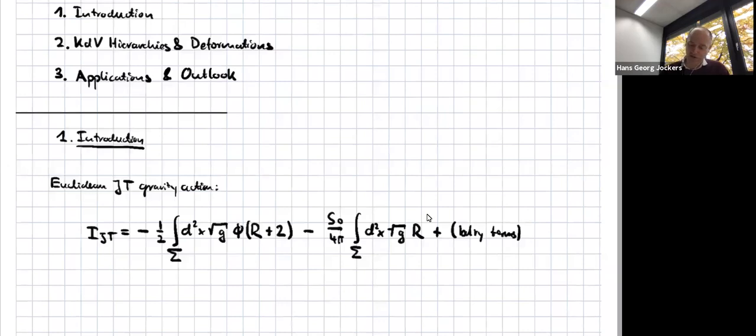The boundary terms comprise one part which actually makes this into the boundary Gauss-Bonnet term. So there's a boundary contribution, and another part which describes the dynamics of the scalar field at the boundary. This is given in terms of a Schwarzian, which is also a very important term. But for the purpose of this talk, I don't need to spell it out explicitly.